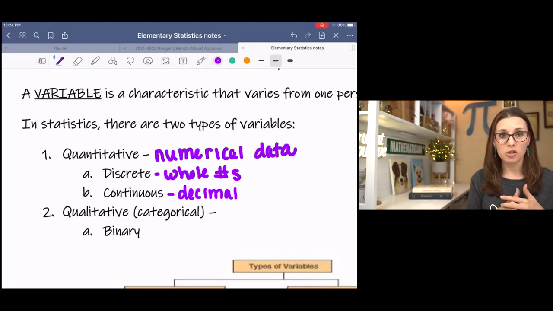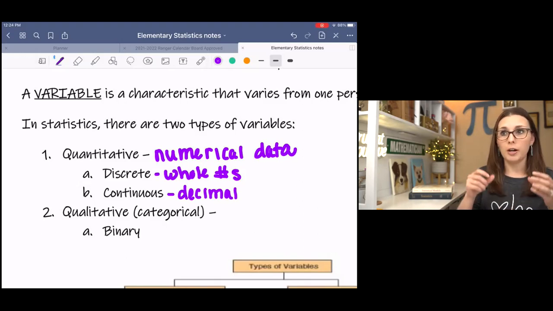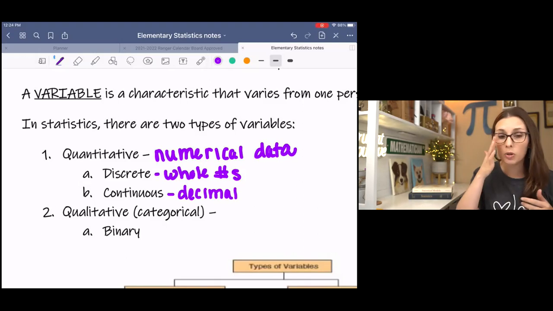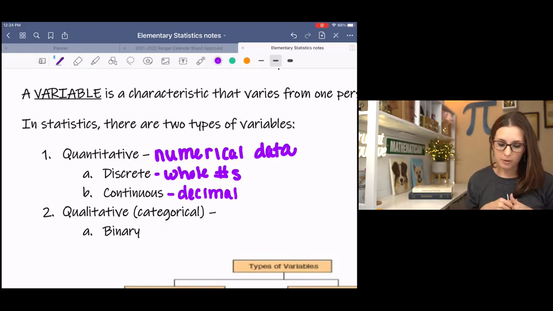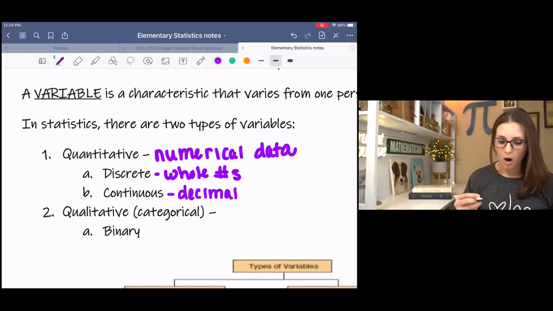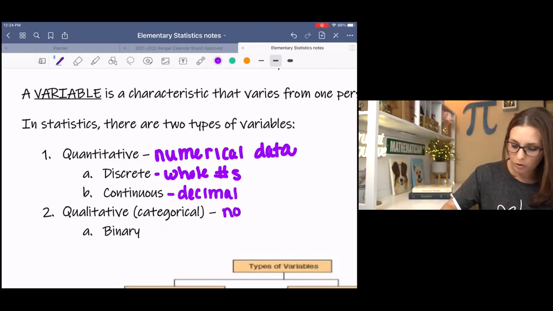And then a continuous variable is anything that can be expressed as a decimal. So anything that has to do with weight, time, temperature, height, decimal, or fraction is continuous. And then qualitative or categorical are non-numerical.